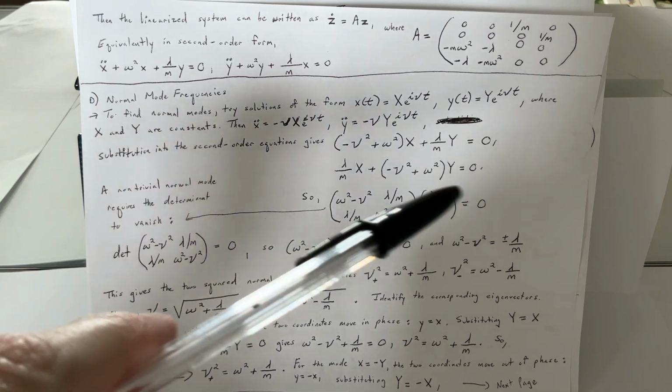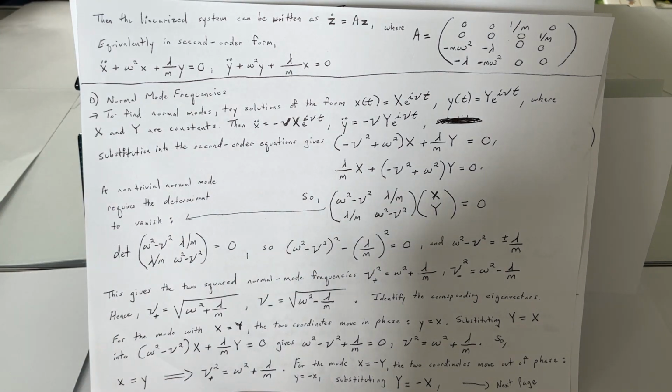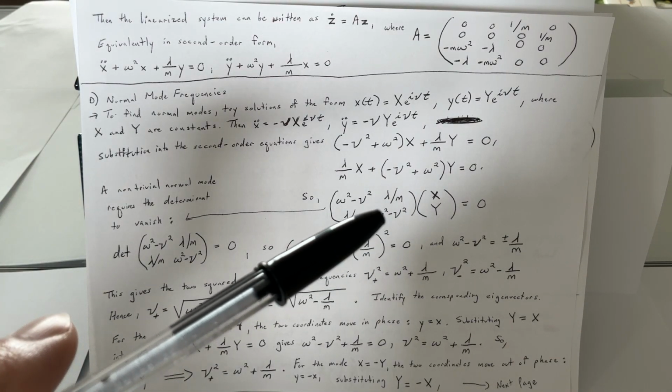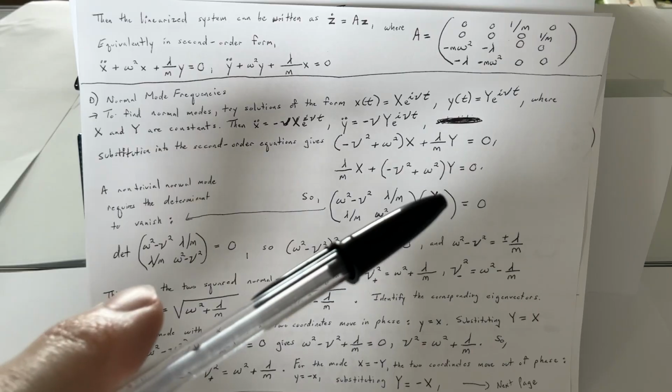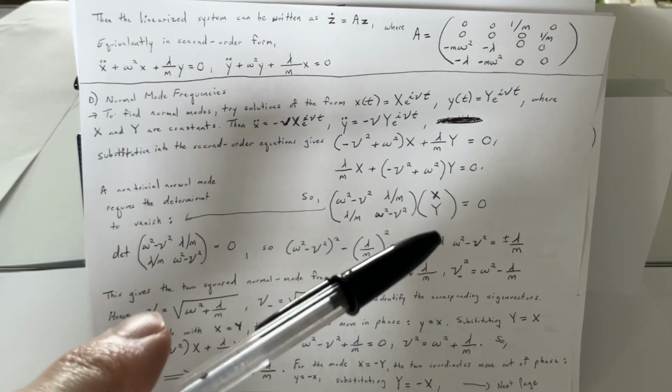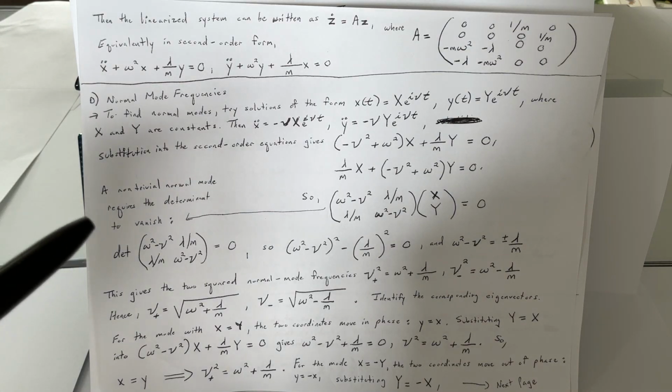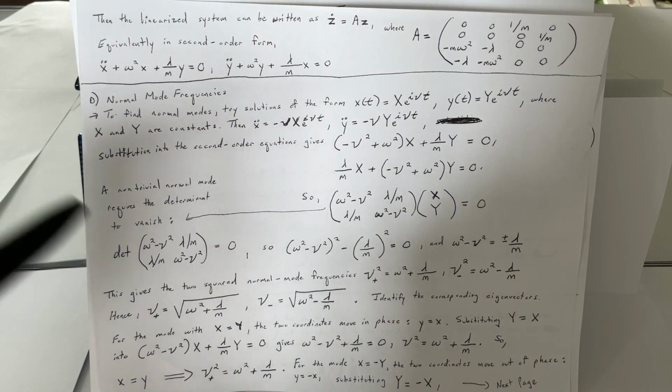So we can set up this matrix: omega squared minus nu squared, lambda over m for the first row, lambda over m, omega squared minus nu squared in the second row, times the column X over Y, setting it equal to 0.